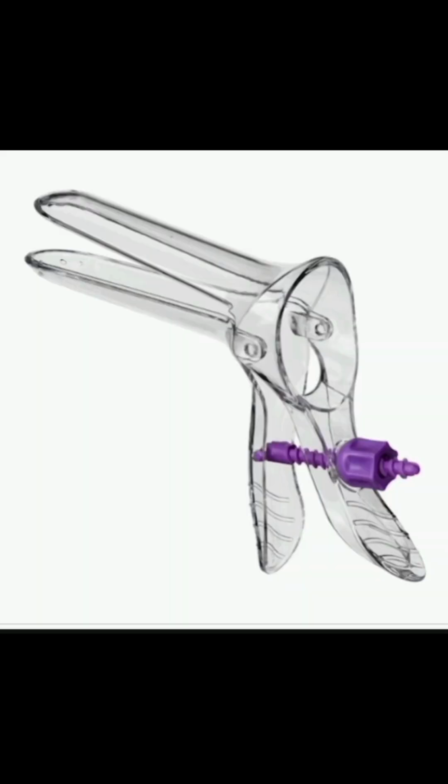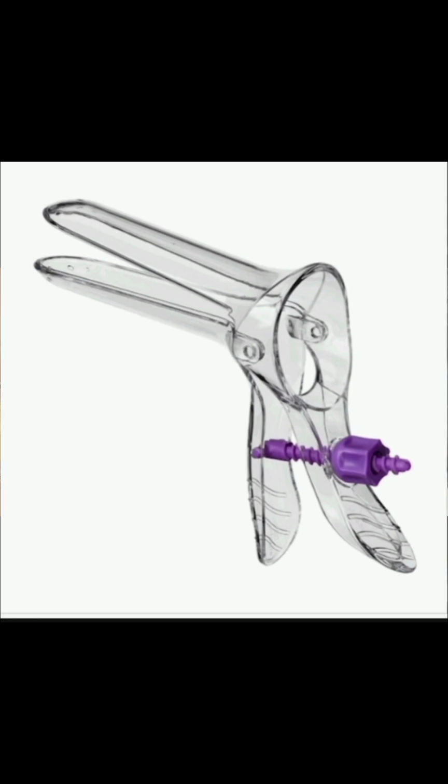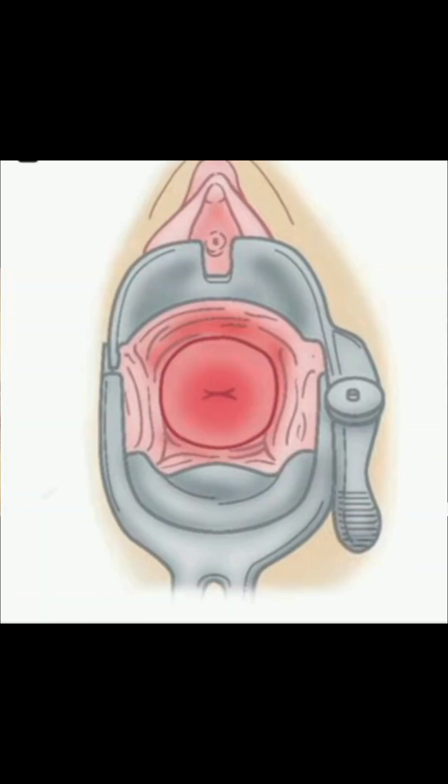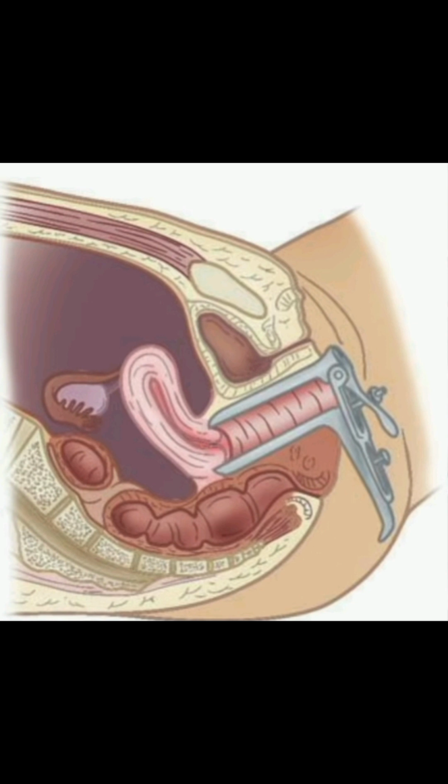Then there is insertion of a speculum, which stretches the wall of the vagina and allows you to peep and see the cervix inside. It also allows you to look at the rest of the vagina and see if it's healthy, or if there are any cuts or inflammation.